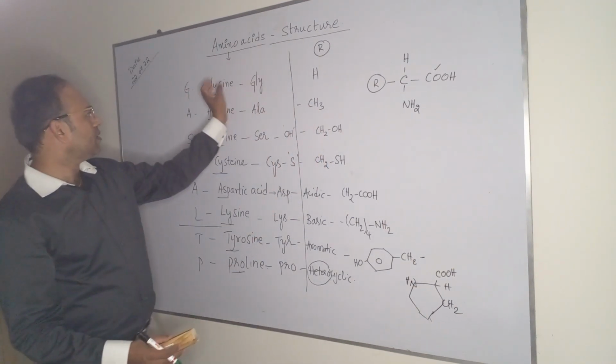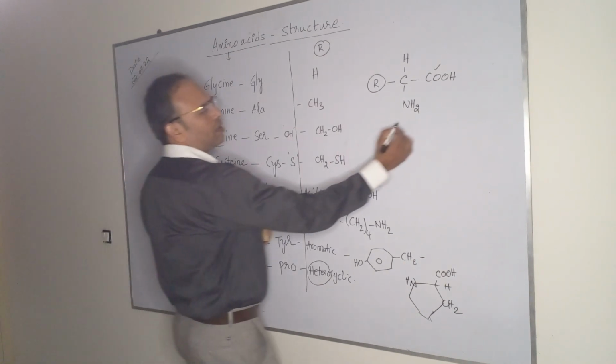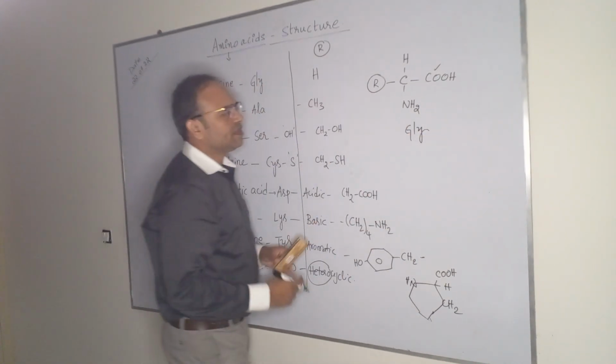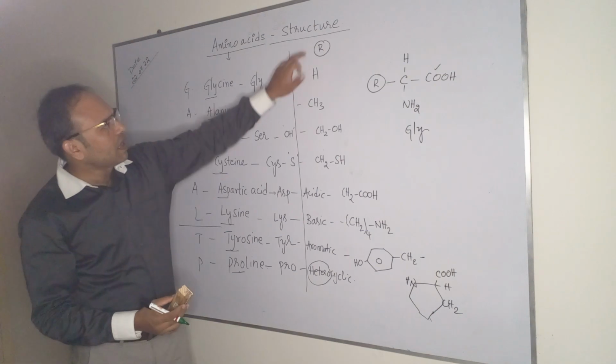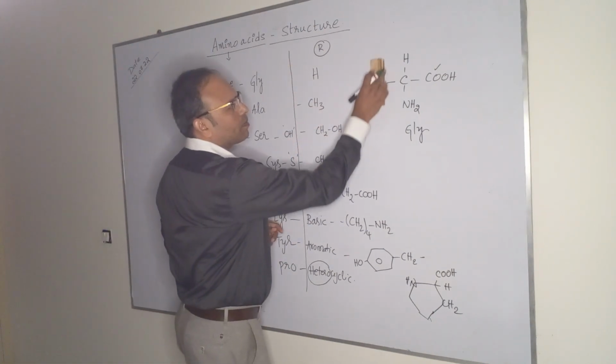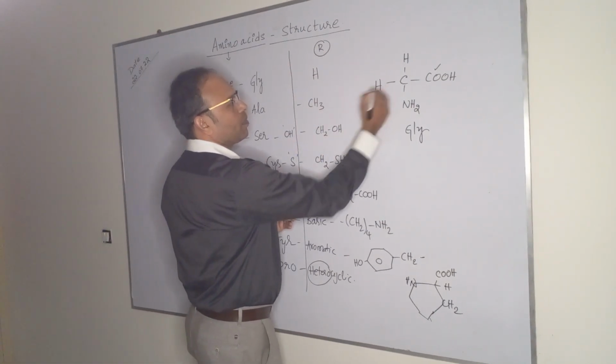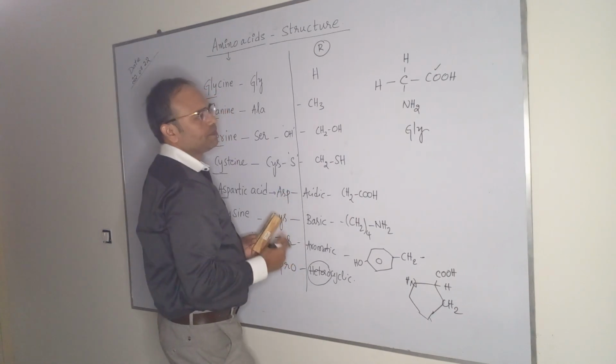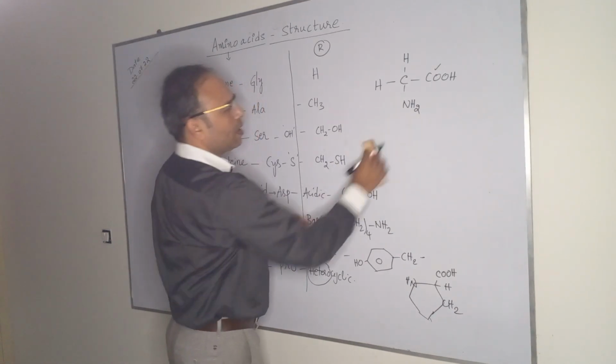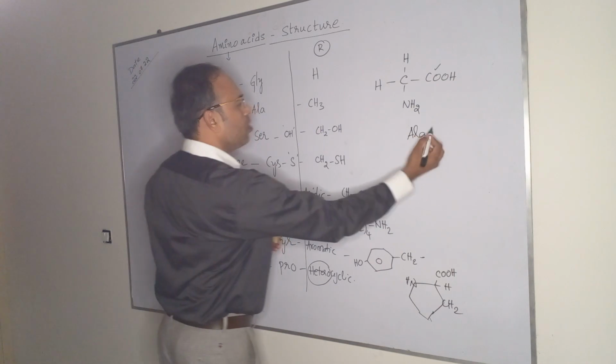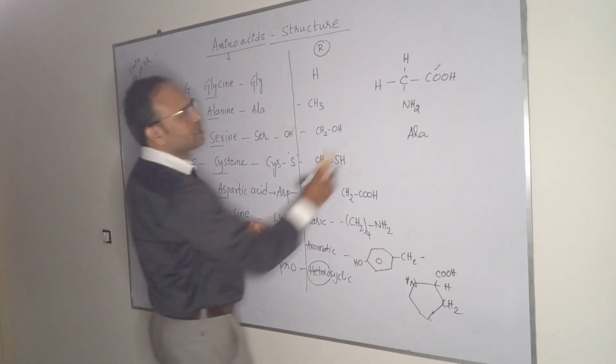Now how to write the structure? Glycine. Suppose you want to draw the structure of glycine. We know H is the R group, so in the place of R, we can write H. Now this will become the structure of glycine. Second one, alanine. For alanine, you know R group is CH3.